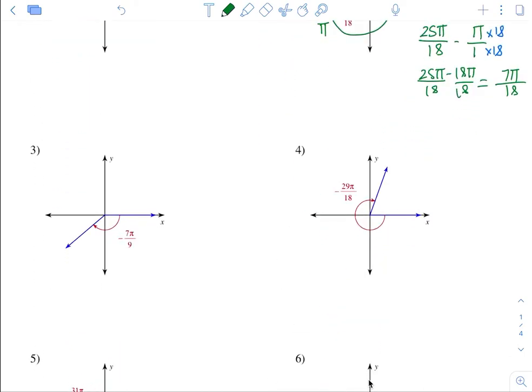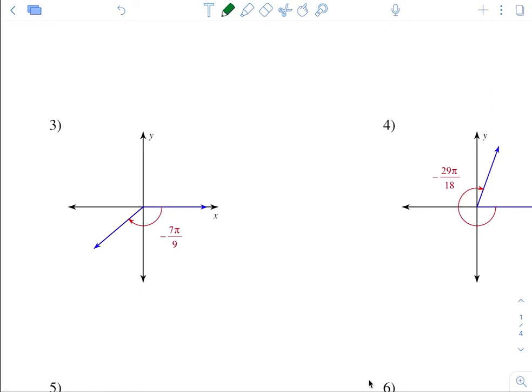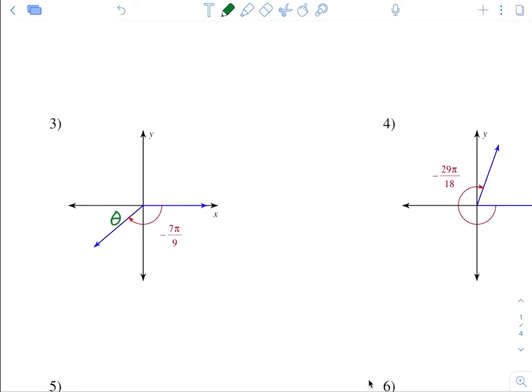Number 3, find the reference angle. So here's the terminal side. Here's the x-axis. So that means that's going to be theta. So let's take a look. Well, that red swirl is negative 7 pi over 9. We know that the whole thing is 180 degrees, or in terms of radians, we know the whole thing is pi, because that's 180 degrees.